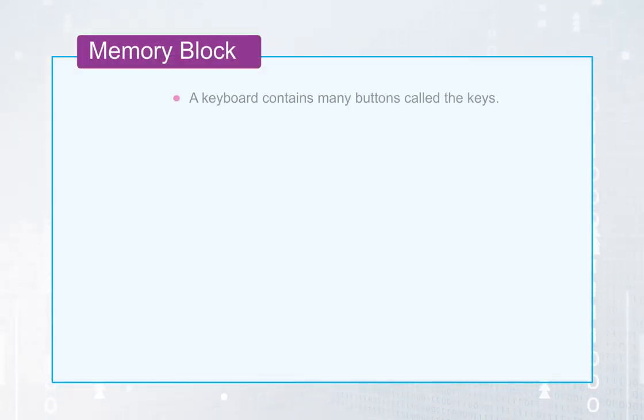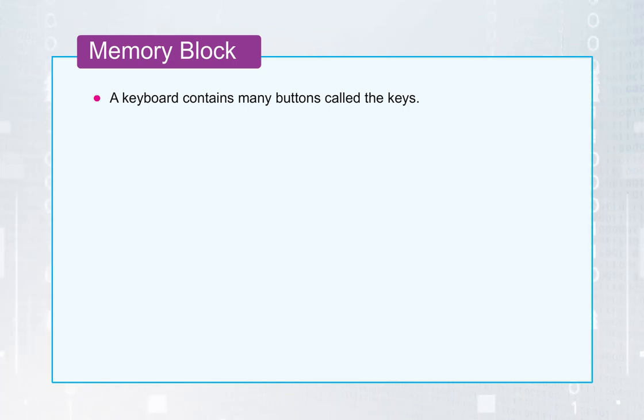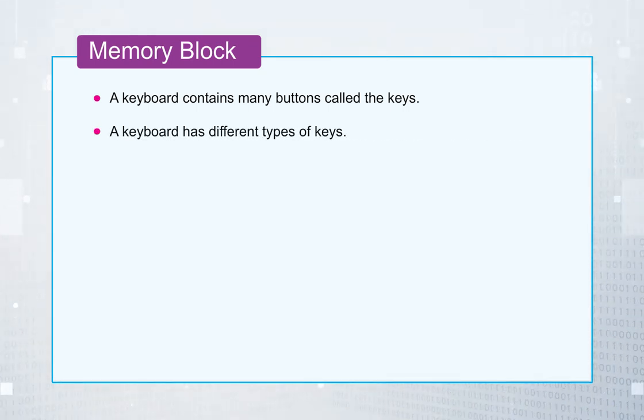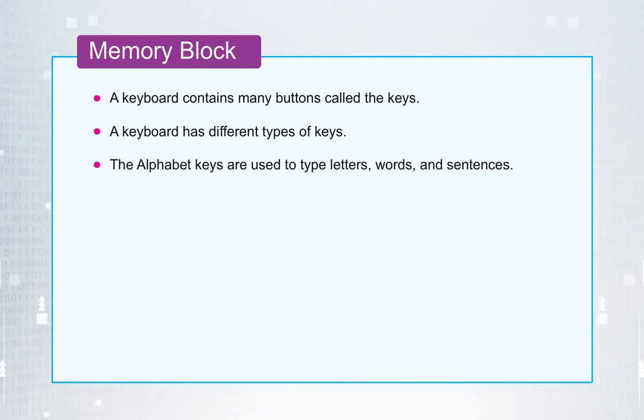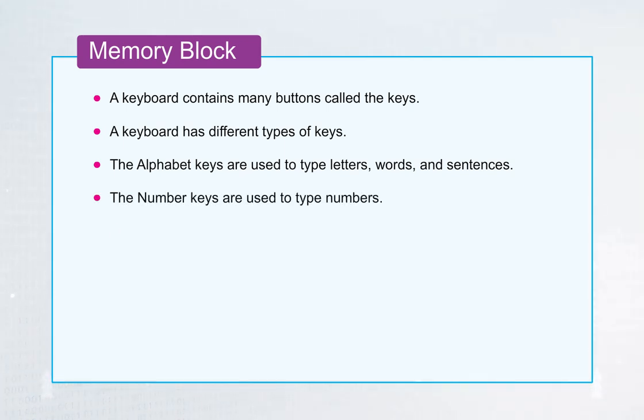Memory block. A keyboard contains many buttons called the keys. A keyboard has different types of keys. The alphabet keys are used to type letters, words, and sentences. The number keys are used to type numbers.